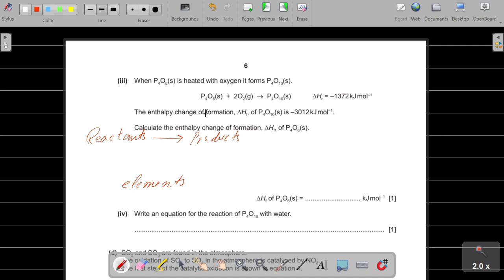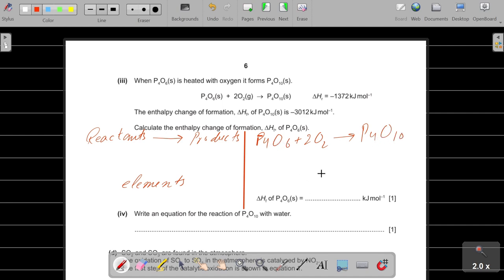Reactants are P4O6, plus 2O2, and we are getting P4O10. These are the reactants and it is the product.